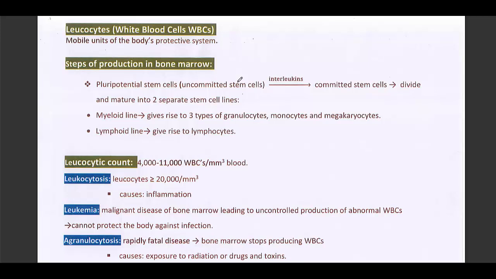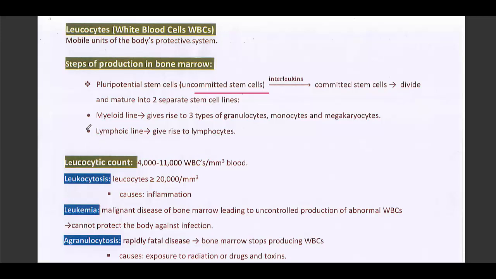It starts from the pluripotential stem cell, or as we learned before, the uncommitted stem cell, and by interleukins becomes committed stem cells, which divide and mature into two separate stem cell lines. The first line, the myeloid line, gives rise to three types of granulocyte, monocyte, and megakaryocyte. The second line is the lymphoid line, which gives rise to lymphocytes.